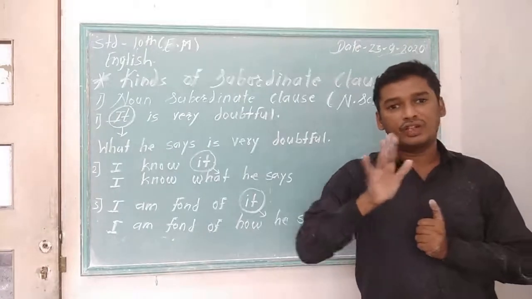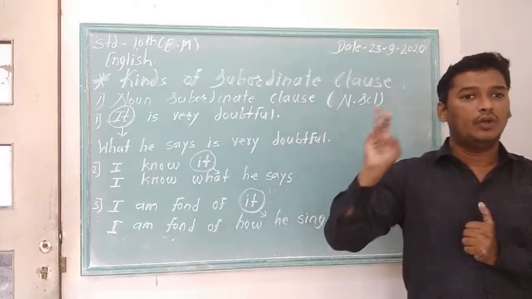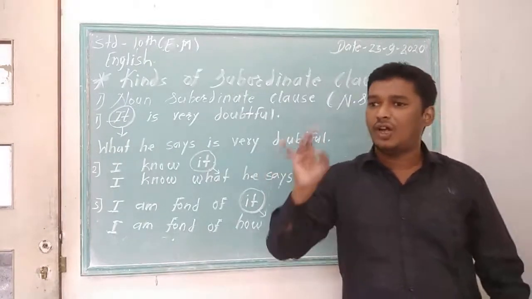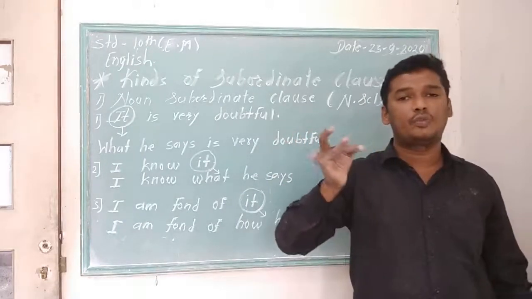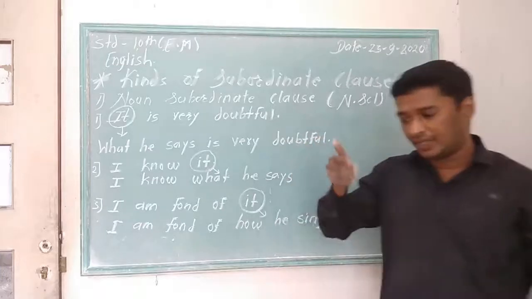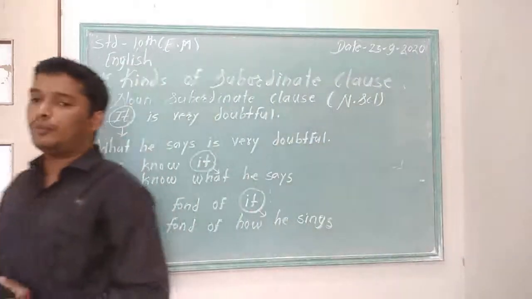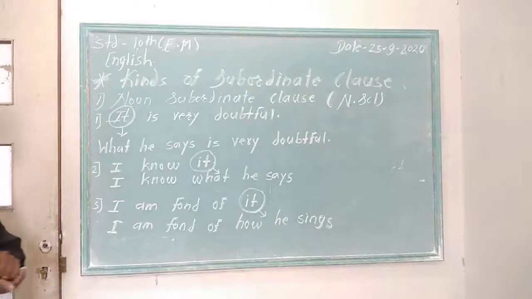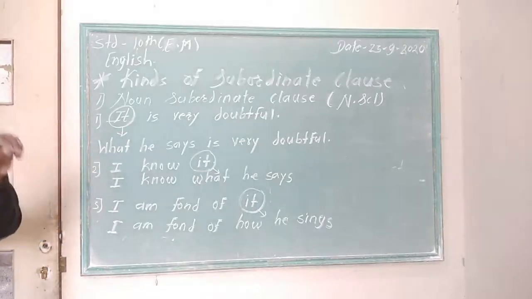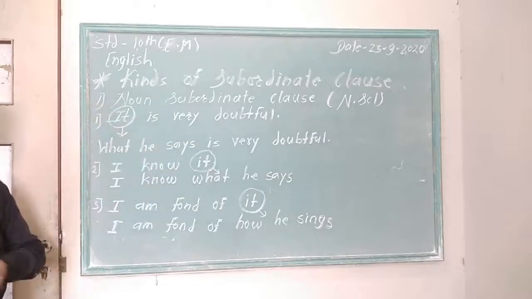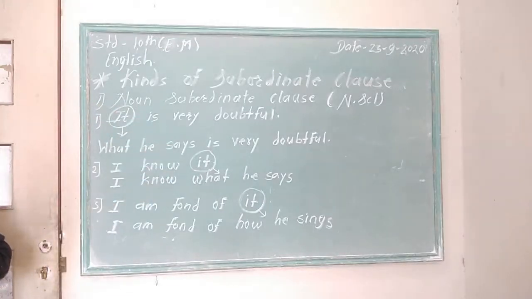You know, a noun functions as subject, object, complement, or object of preposition. Different functions are performed by that noun, and here also the noun subordinate clause functions as subject, object, complement and object of preposition.